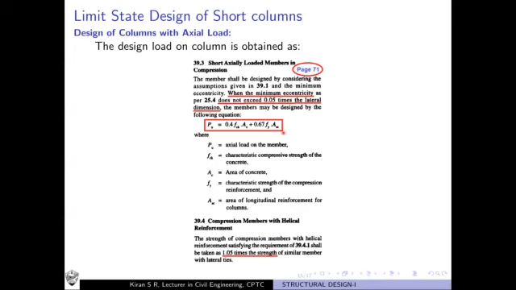The modification is very simple. You have to multiply by a factor 1.05 in addition to these terms.